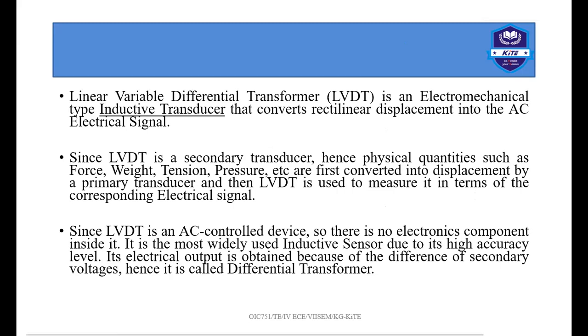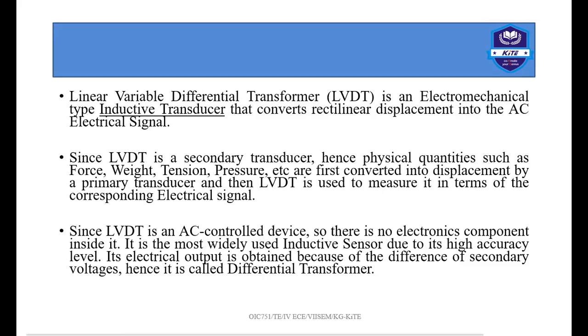LVDT is an electromechanical type inductive transducer that converts rectilinear displacement into an AC equivalent electrical signal. A transducer converts one form of energy to the other form. Here it converts the displacement to its equivalent AC electrical signal.